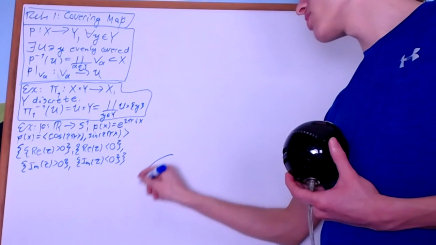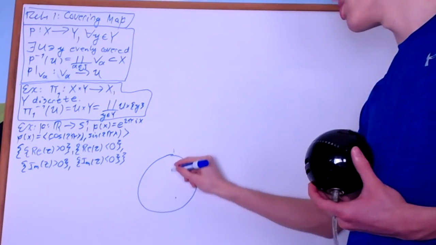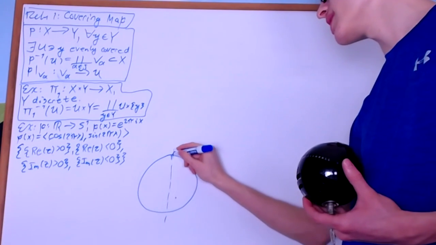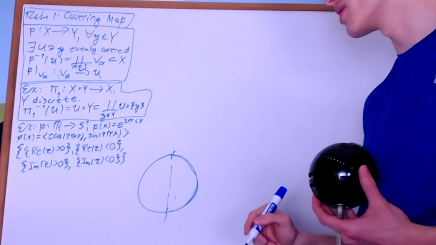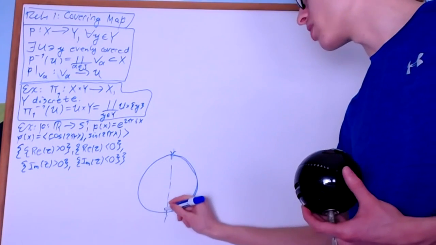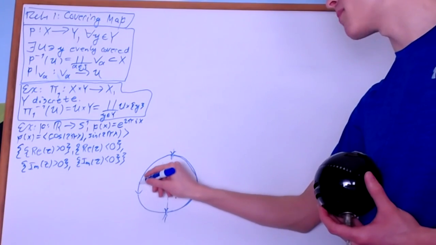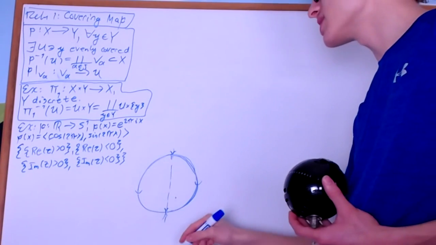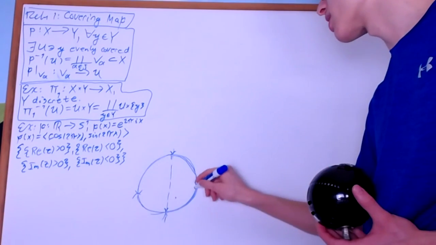If we have our circle, the real part of z bigger than 0 just means all of those points which lie on this half of the circle, so it's this open arc around the circle. The real part of z less than 0 is that open arc on this side. The imaginary part of z bigger than 0 is just the top half of this circle, and the imaginary part of z less than 0 is the bottom half.